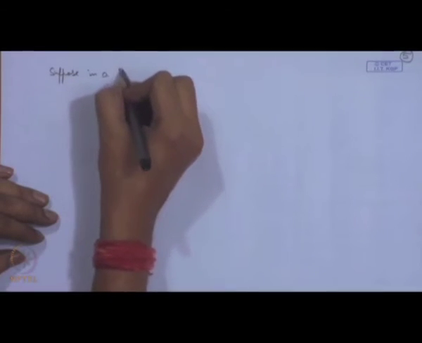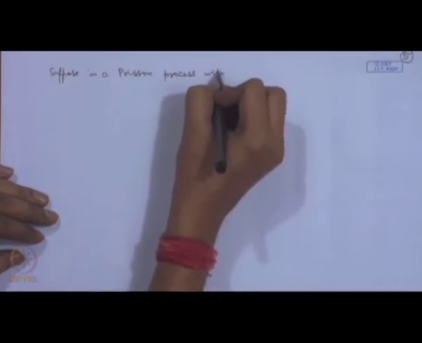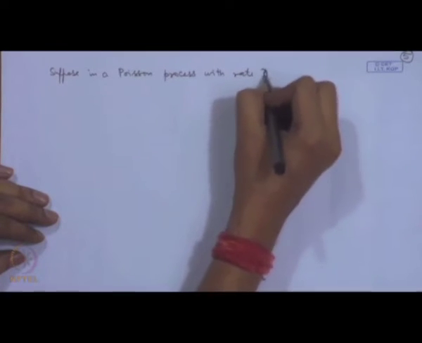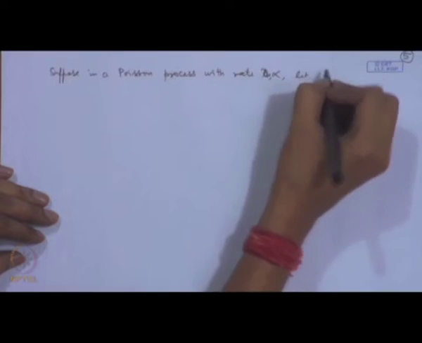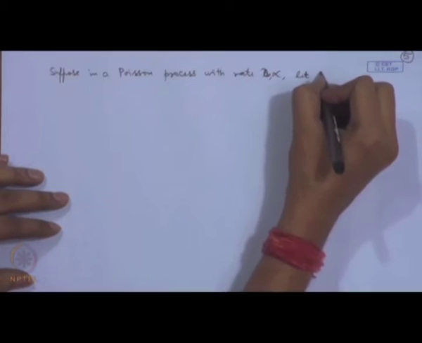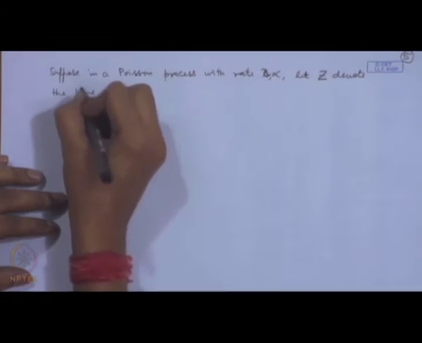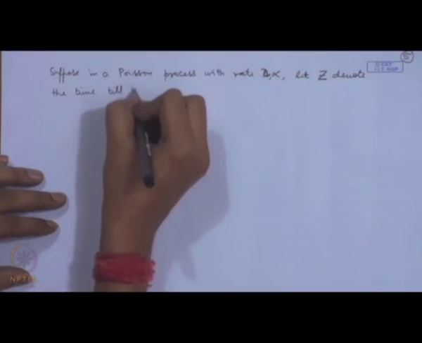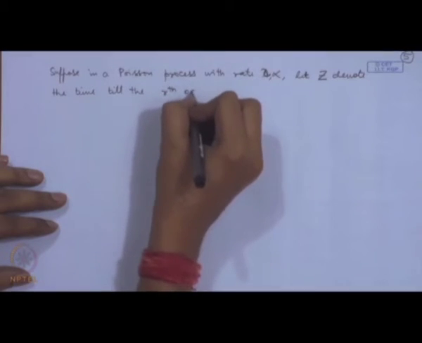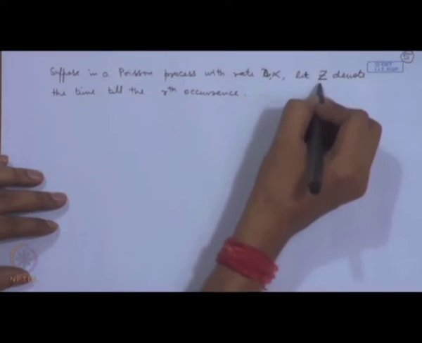So, in a similar way, suppose in a Poisson process with rate lambda, rate alpha, let Z denote the time till the rth occurrence. Then we want the distribution of Z. What is the distribution of Z?